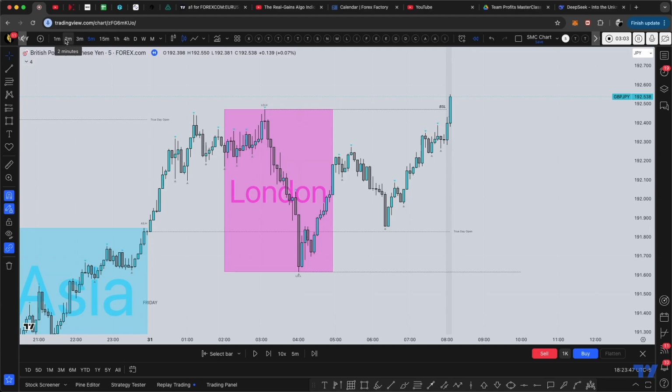I like the 5. The 1 minute, I'm not going to lie, sometimes you can catch beautiful sniper entries, beautiful risk to rewards, but for me it's probably more choppy. There's more noise on the one. But that will depend, so this is up to you, because I'm getting this question: what is the best time frame to do this type of stuff? I'm showing you every example on the 5-minute time frame.